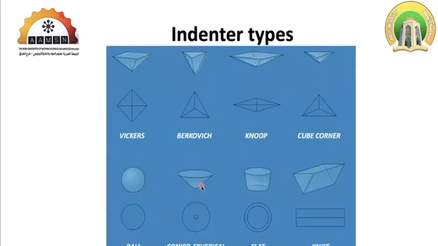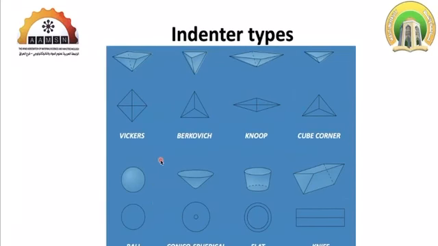Okay, now we have many indenters, starting from Vickers, Berkovich, Knoop, and so on. Ball, any one of them. But among these indenters, Berkovich and ball indenters have received a lot of interest.